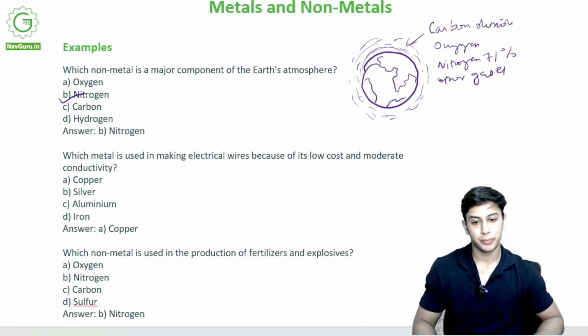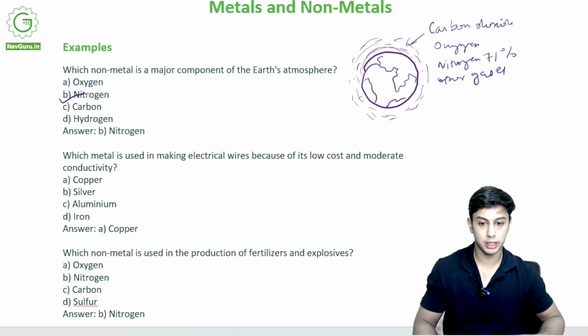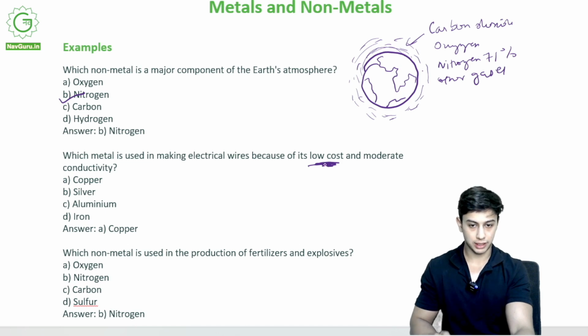Which metal is used in making electrical wires because of its low cost and moderate conductivity? The keyword here is low cost. We know two metals that are used in making electrical wires: copper, aluminium. But which is the one with the lowest cost?